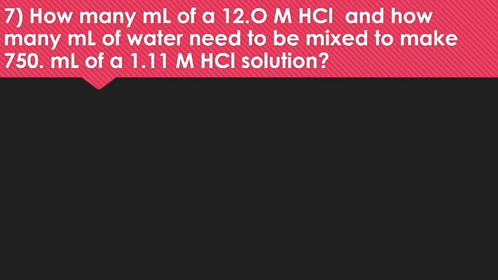Next problem asks how many milliliters of a 12 molar HCl solution and how many milliliters of water, so we'll get to this second, need to be mixed to make 750 milliliters of a 1.11 molar solution. So even though this is the stuff we're ending with, this is technically the V2 and the M2 that I want to end up with from this initial M1. Doesn't matter that it's the ending numbers.